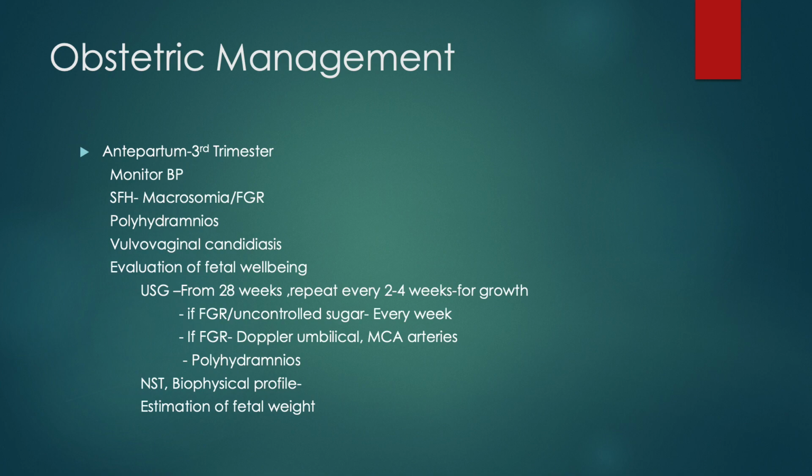If there is FGR or uncontrolled sugar, the USG should be repeated every week. And if found to be fetal growth restriction, it warrants a Doppler examination of the umbilical and middle cerebral arteries. Also, you have to look for any polyhydramnios.